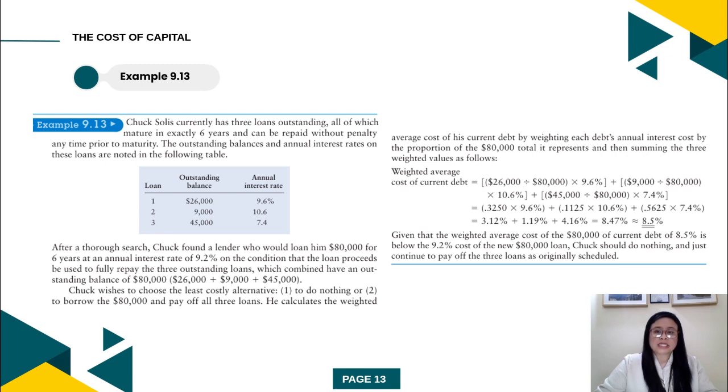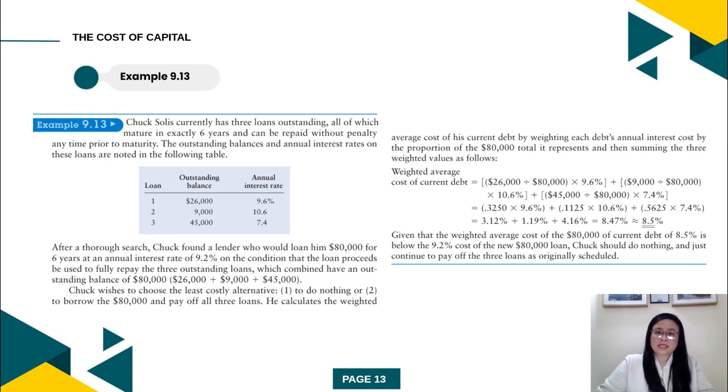So the total loan balance is 80 grand. Chuck finds a lender willing to loan him 80 grand for 6 years at 9.2% interest, which allows him to repay all the 3 loans in one go.